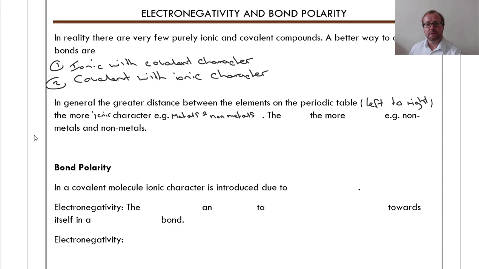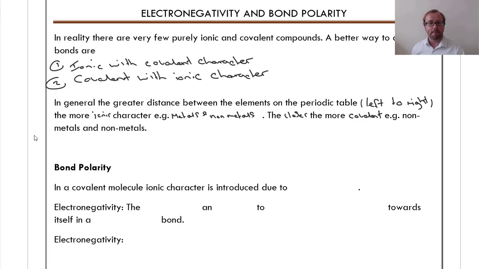And if we then do the opposite, the closer the elements are together on the periodic table, the more covalent, e.g. non-metals and non-metals. That's not surprising, you probably learnt that at GCSE.